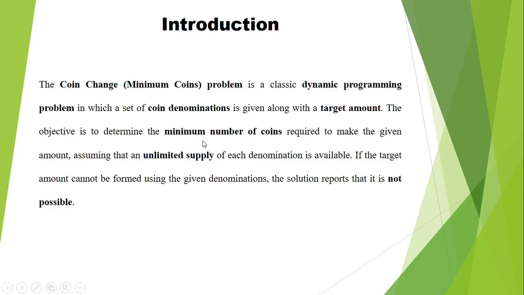Our objective is to determine the minimum number of coins required to fulfill our target amount, in which we assume that the number of coins of each denomination in the array is unlimited, means infinite in supply. If the target amount cannot be formed using the given denominations, the solution reports that it is not possible.